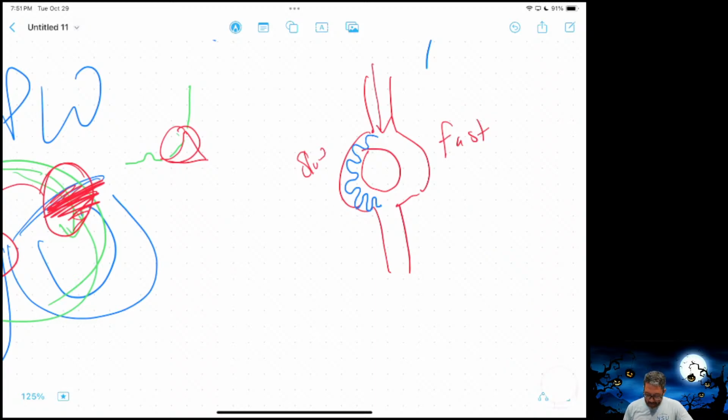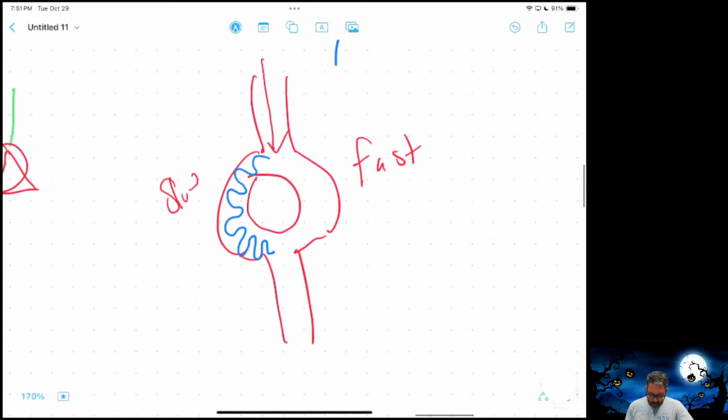The fast side is going to go real fast, right through. Because it's so fast, when it gets through, it goes right down. By the time the slow pathway is ready to go, the fast one's already depolarized. It can't do anything. So the slow pathway just fizzles out.